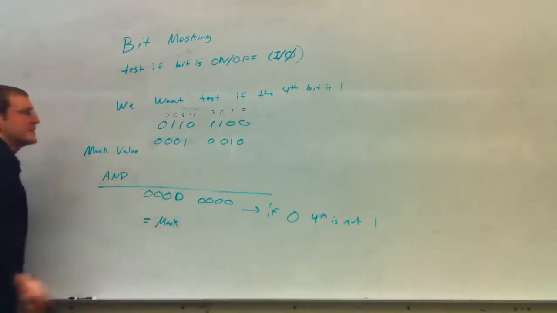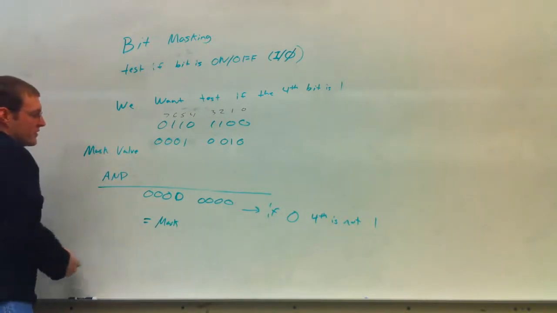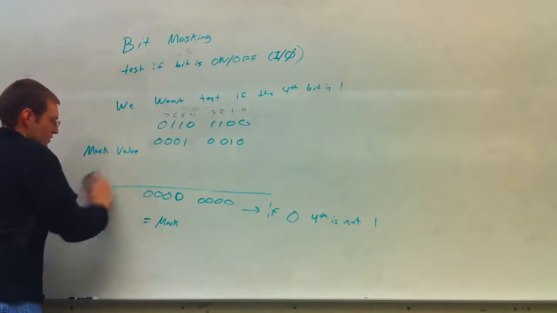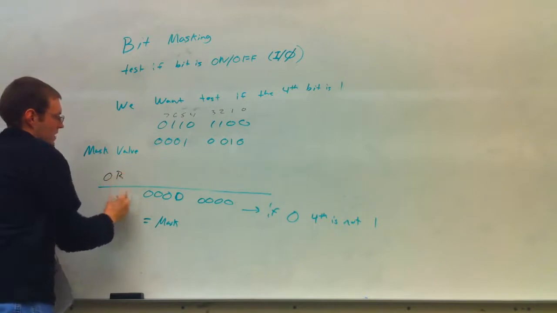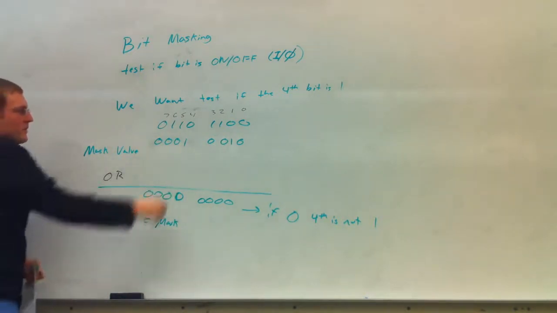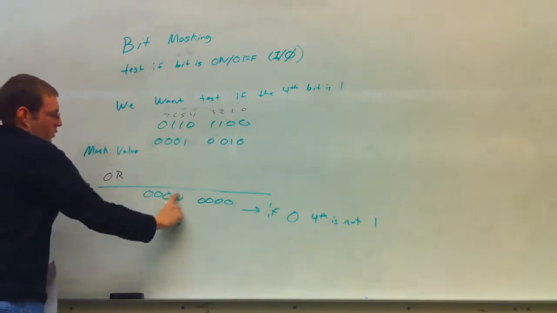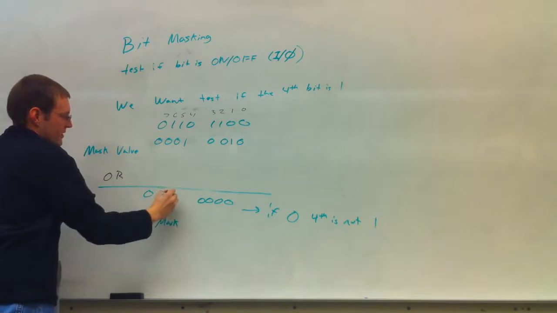Another way we can use masking is if we want to turn bits on or off. Hopefully you see that if I use the OR, and I wanted to turn on this bit, we OR. So we get to keep everything.